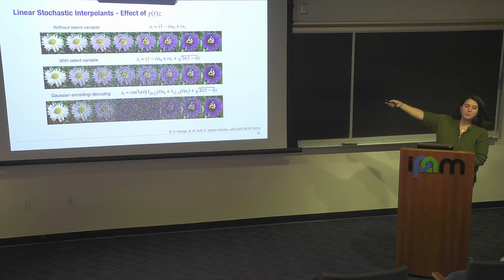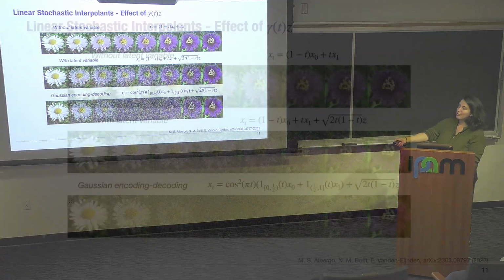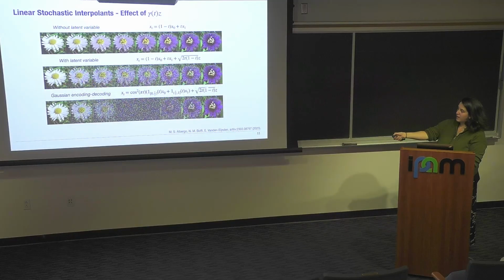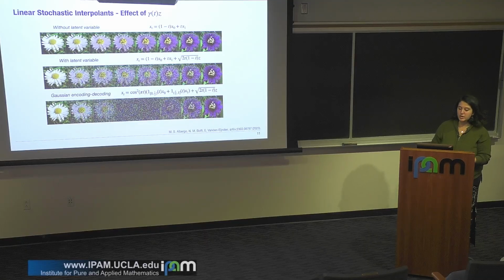This maybe speaks to the earlier example I was giving in my answer: you don't have to pick a super arbitrary or easy to sample from base distribution. Let's say your base distribution is your set of flowers, and the distribution you're trying to learn is a set of flowers. Here you can see what the different pathways might look like by just changing the kind of interpolant we're using, or whether or not we employ this latent variable, this gamma z.